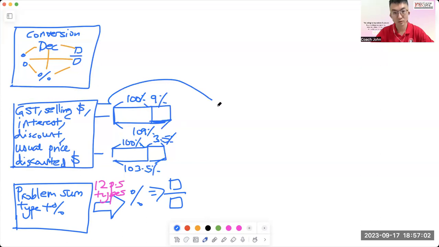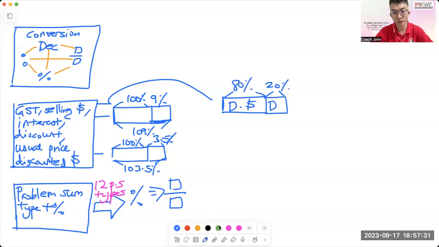Let's say for questions dealing with selling price, discounted price and usual price, the format will be like that. Say it's a 20% discount. This is a discount, so this is a discounted price, and so this is 80%.